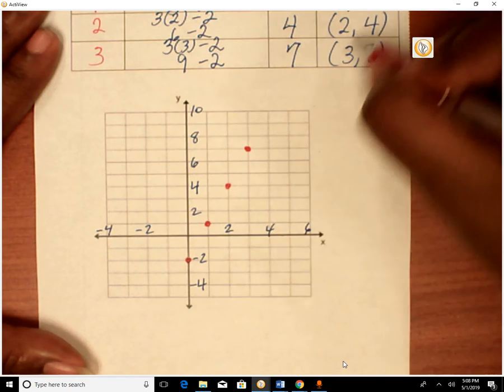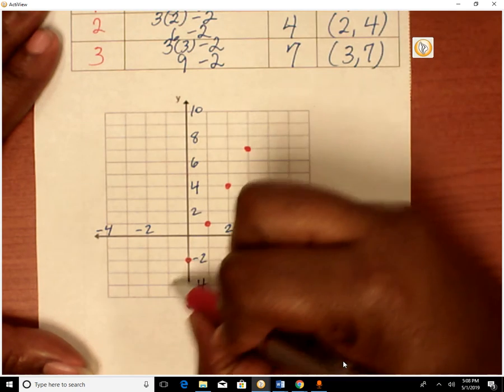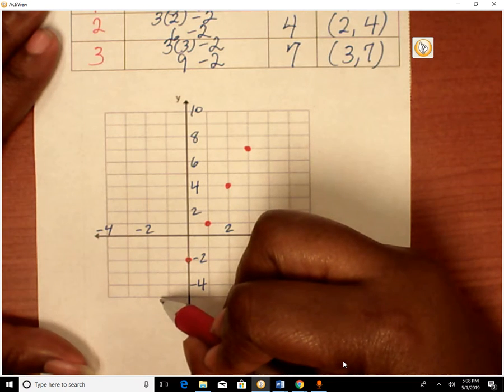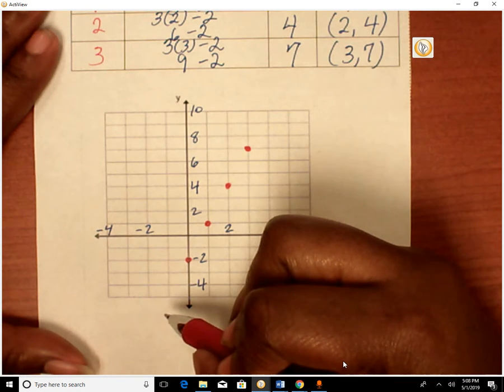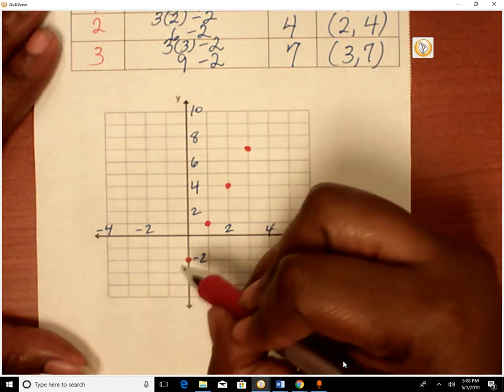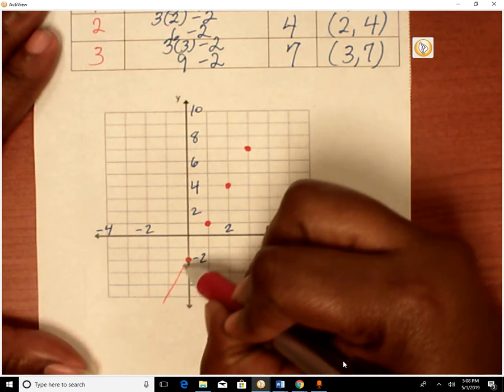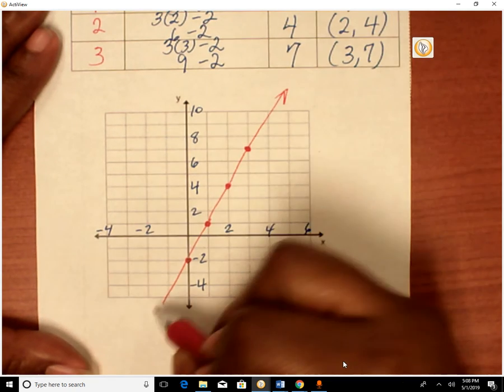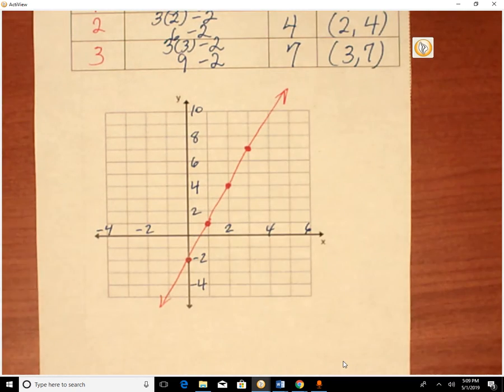Okay, so here we're going to draw our line, and I'm trying to make sure I'm straight. Complete my line. It looks pretty straight.